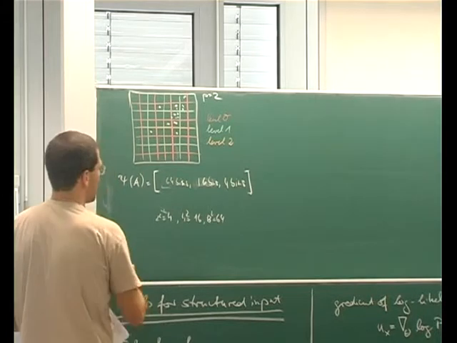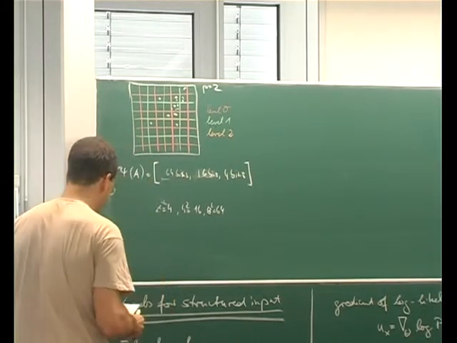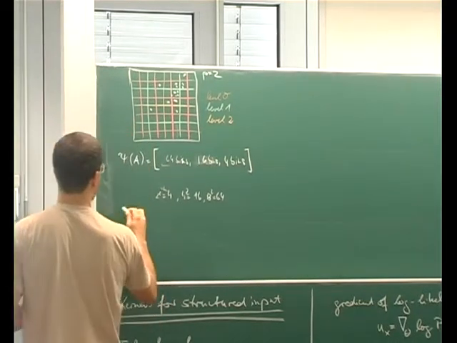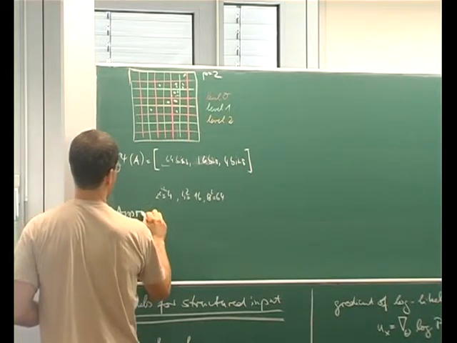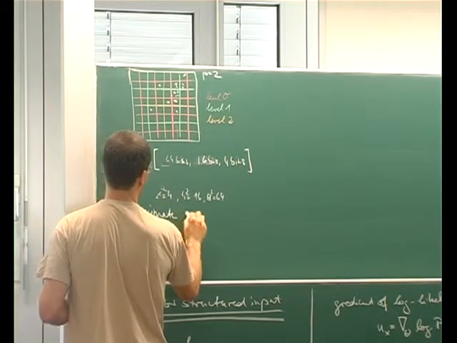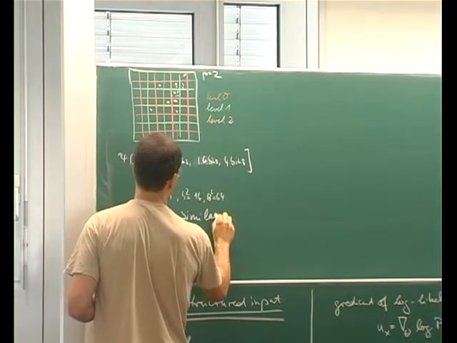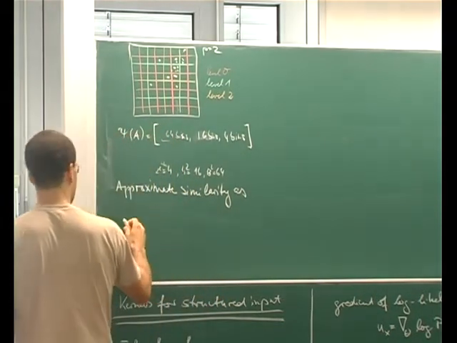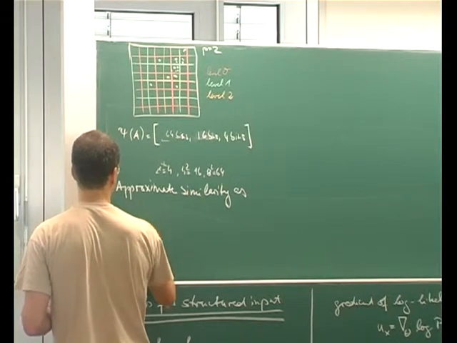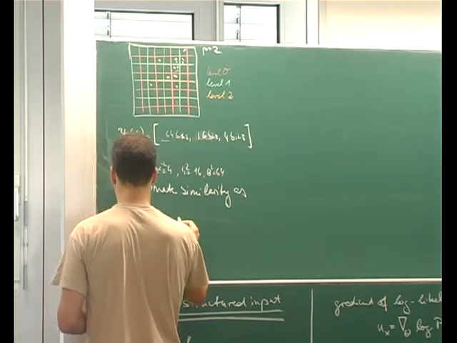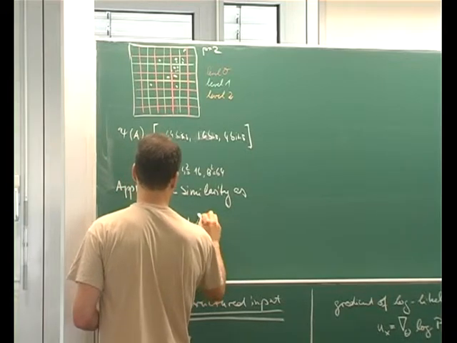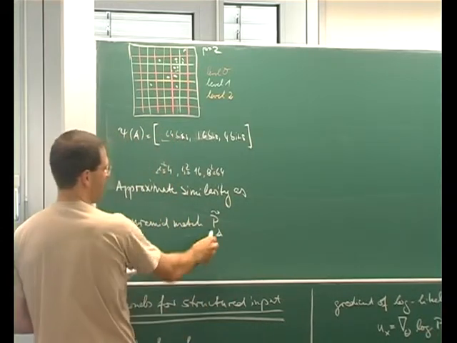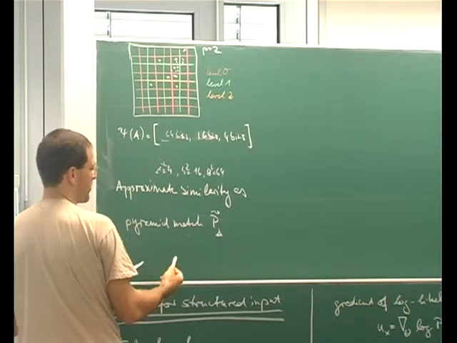And now the suggestion is to approximate the similarity as follows. And this is called the pyramid match. So the delta means that it's a measure of similarity or dissimilarity.